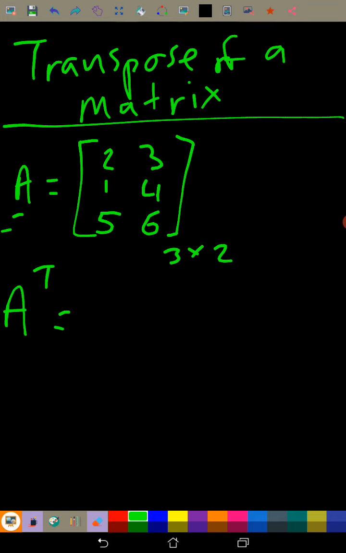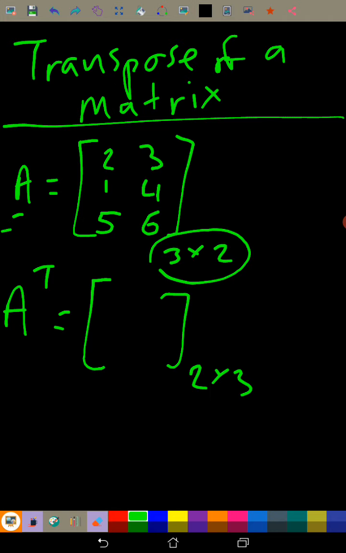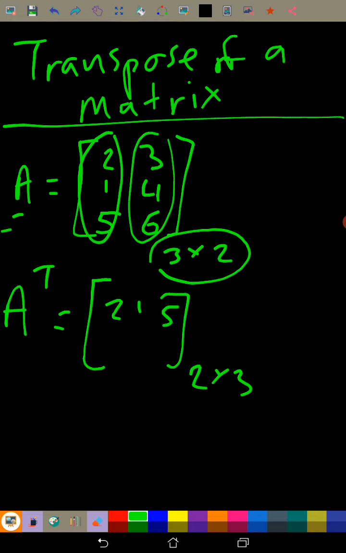So what we do when we do a transpose, we had this format, and now we're going to have 2 by 3. So what does that mean? It means that we're going to take a column and make it a row. We're going to take a column, make it a row. We have transposed it.